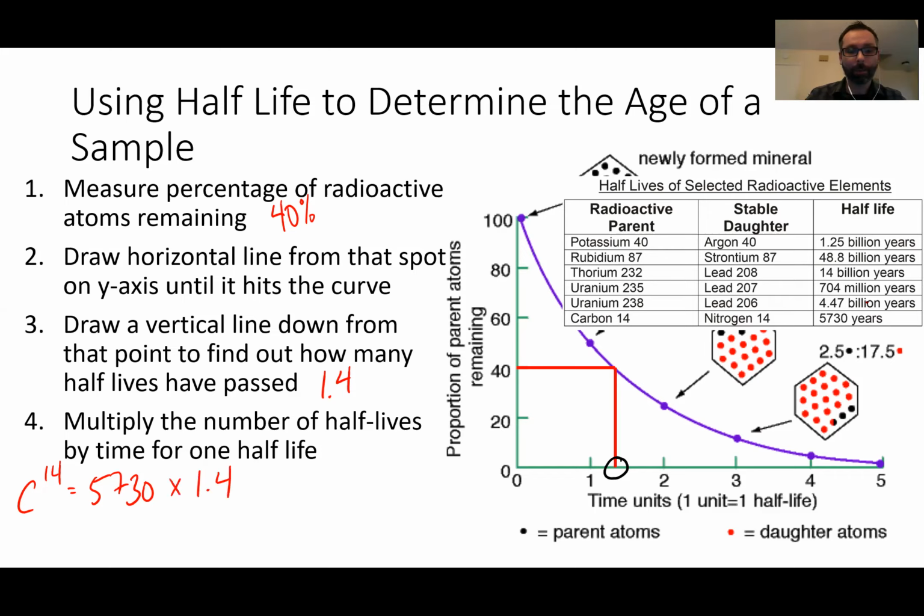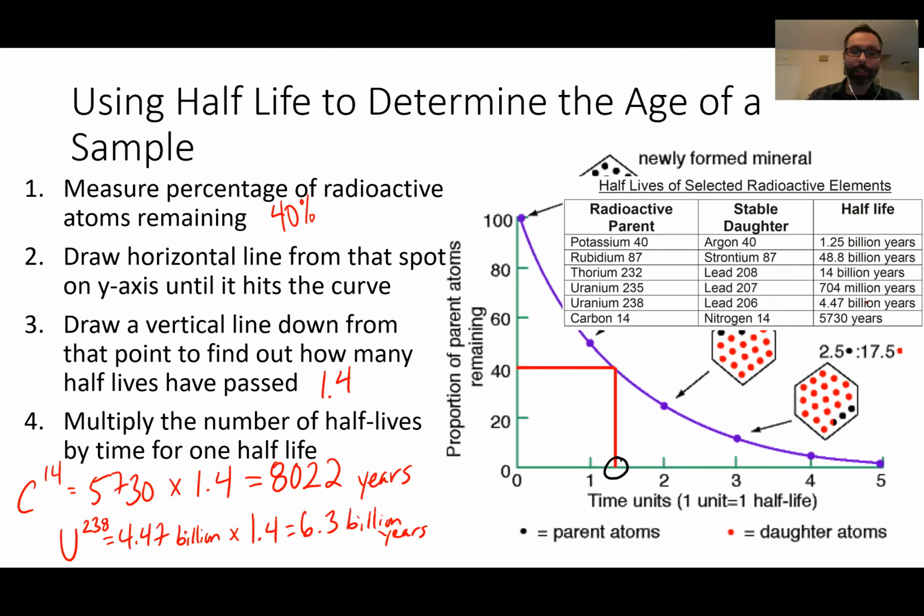I want to then multiply that by the number of half-lives that it's been. And that will then tell me the number of years. 5,730 times 1.4 is 8,022, right? And so if this was a bone that was found that had 1.4 half-lives that had gone by, then this is going to be an 8,000-year-old bone.